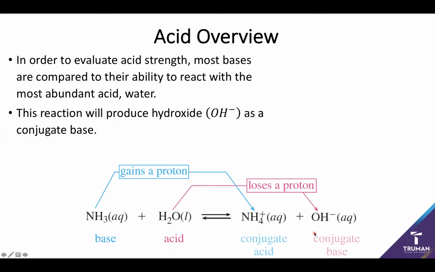And so this is, again, the origin of the Arrhenius base definition. Every base will essentially produce some amount of hydroxide when placed in water. So if we're going to look at how basic a solution is, we're really going to be trying to track how much of this free hydroxide is present in water. So trying to monitor these hydronium and hydroxide concentrations is going to be really important to understanding acid-base chemistry.